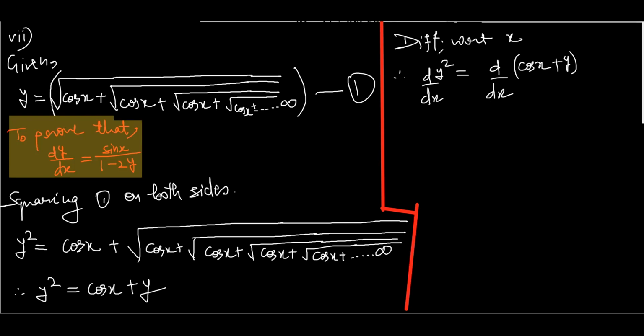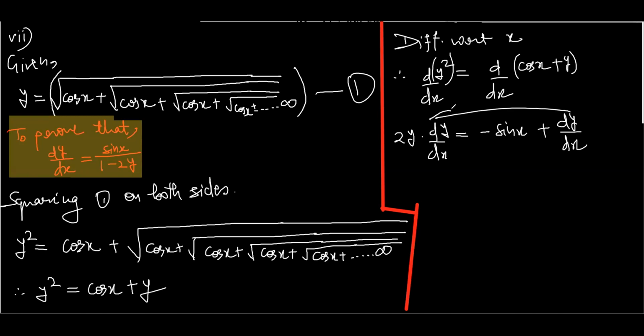Now what is d by dx of y square? Here we have 2y d by dx of y, and here d by dx of cos x and d by dx of y. So you will get negative of sine x plus dy by dx.